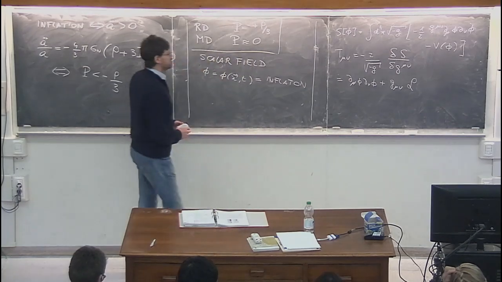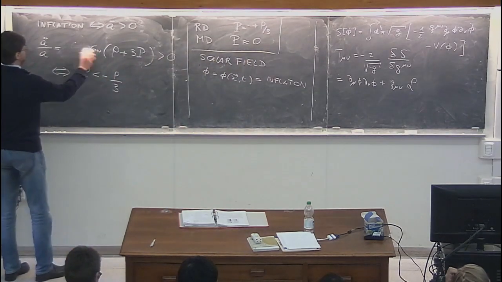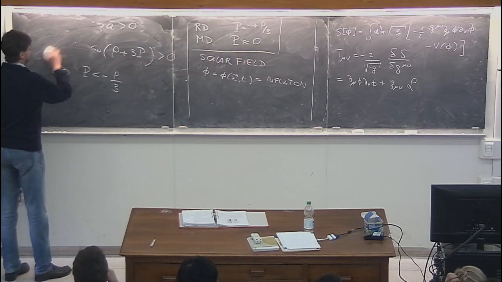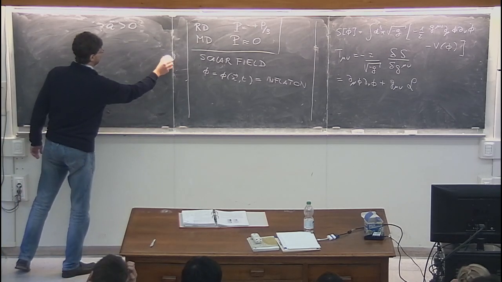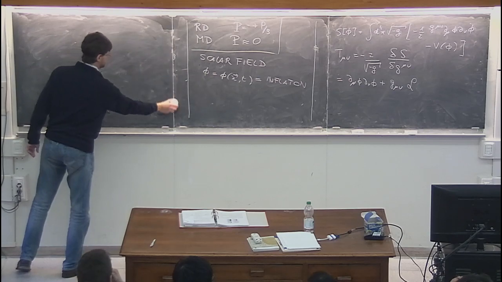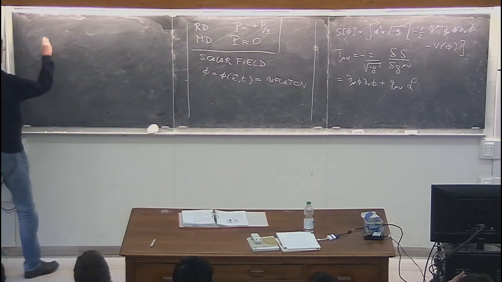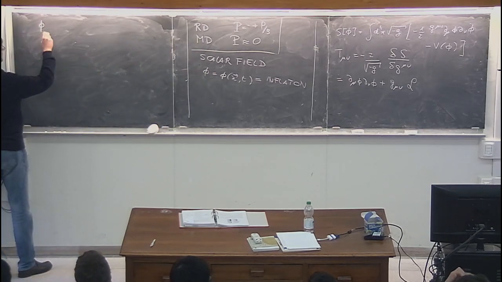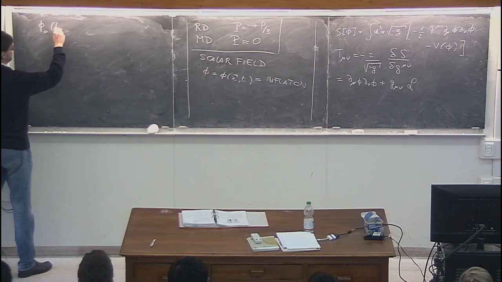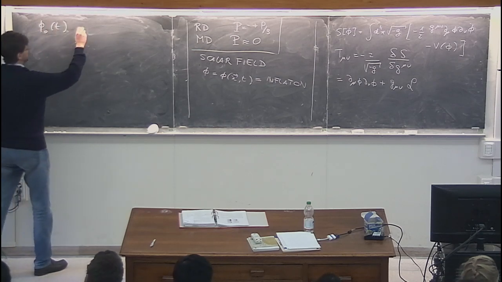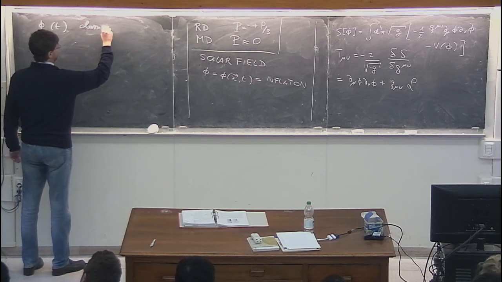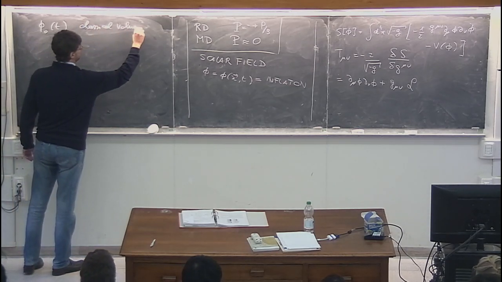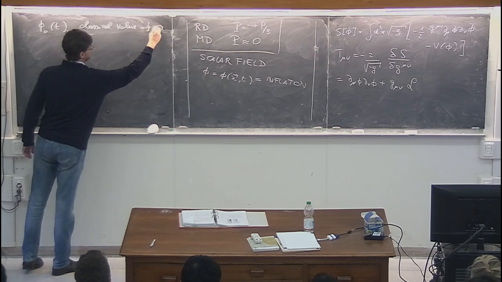All right, so from now on, I will also make another assumption, because I want to see what is the background evolution of my system. So from now on, I will consider only the phi 0 of t. So I will only consider the classical value of phi.